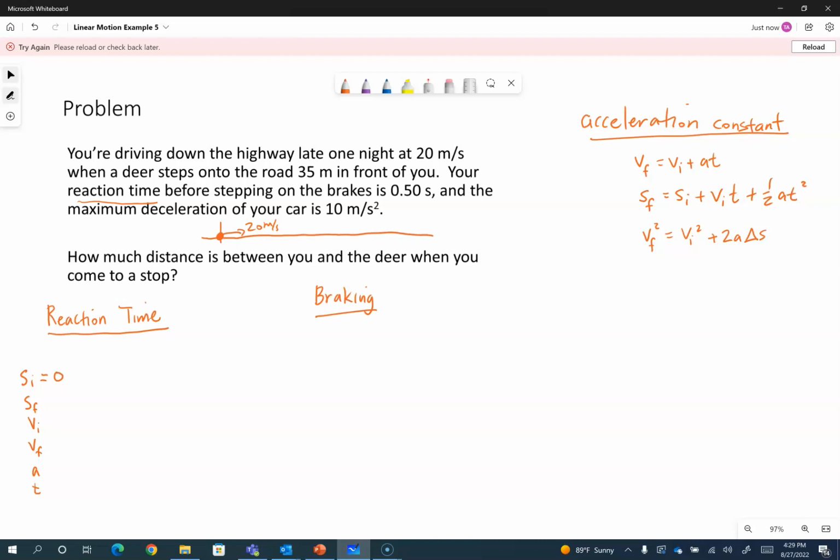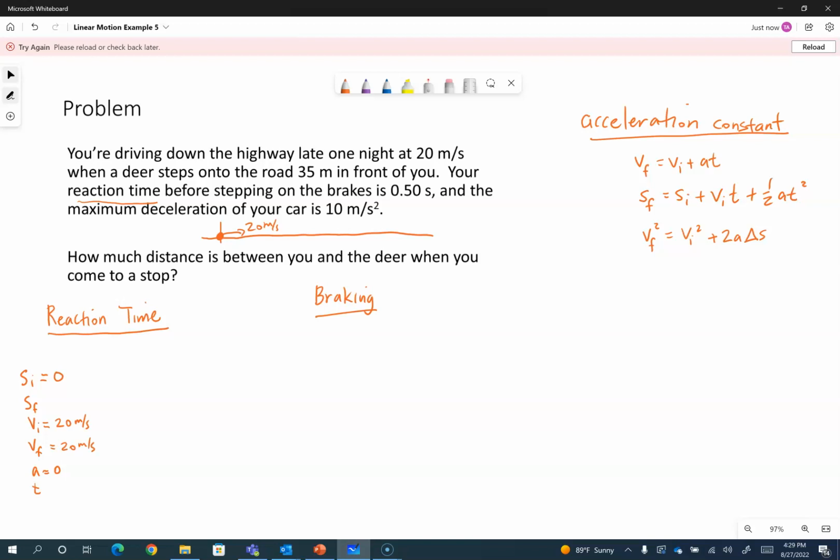And then S final, we don't know, but we will need to figure out how far we travel in that half a second. We do know the initial velocity is 20 meters per second. We do know our acceleration is 0, which does mean our final velocity is 20 meters per second as well.